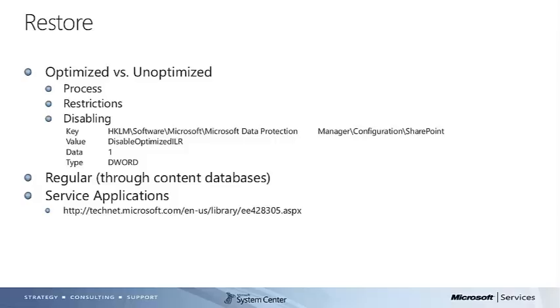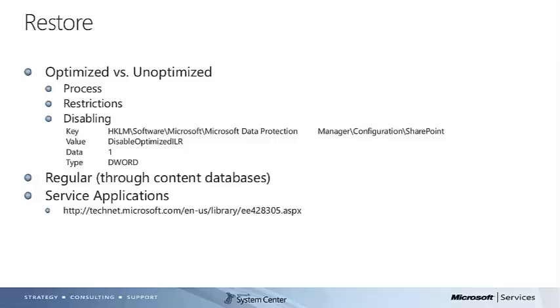There are some restrictions to whether or not we can use optimized versus unoptimized, and I'll cover those on the next slide. If you find that you are in one of these situations where you cannot use the optimized workflow, what will happen is every time you go to do a restore, DPM will initially try to do the optimized workflow.